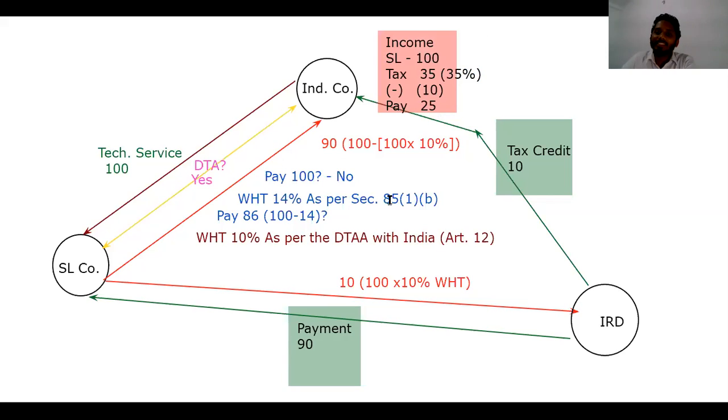This is important when discussing the DTA, but I am not going to discuss it again because I explained the entire process of how the DTA is applied. Here I took technical service; you can apply royalty or dividend here. In the current context, dividend payment to a non-resident is exempt. I will explain that later.